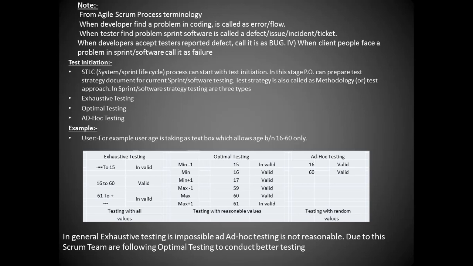Here is an example for exhaustive testing, optimal testing, and ad hoc testing. Exhaustive testing means we check everything. Consider that in India the voter age should be a minimum of 18 years to be valid to cast a vote. A negative input up to 15 is invalid, 16 to 60 is valid, and 61 and above is invalid.